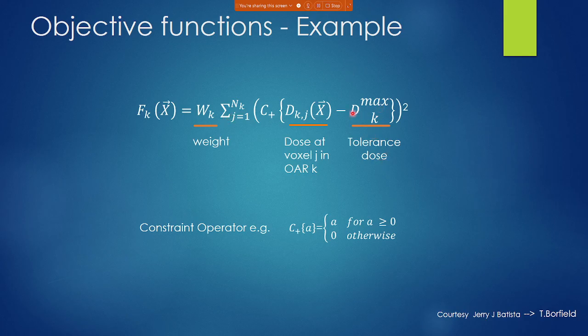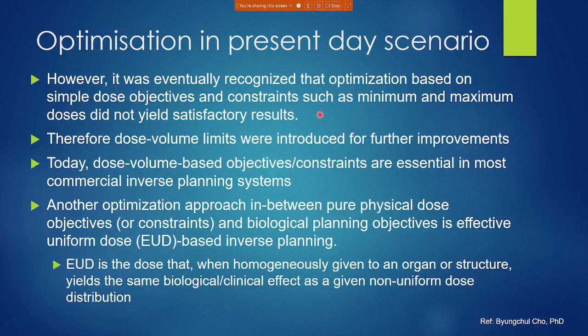This is the tolerance dose, this is the OAR dose. Then you see the difference and take the square of the distance, right? And this C is called the constraint operator. This is what I have been saying as the cost function. And this is the weightage for the beamlet. So this is how the objective function or the cost function is determined.